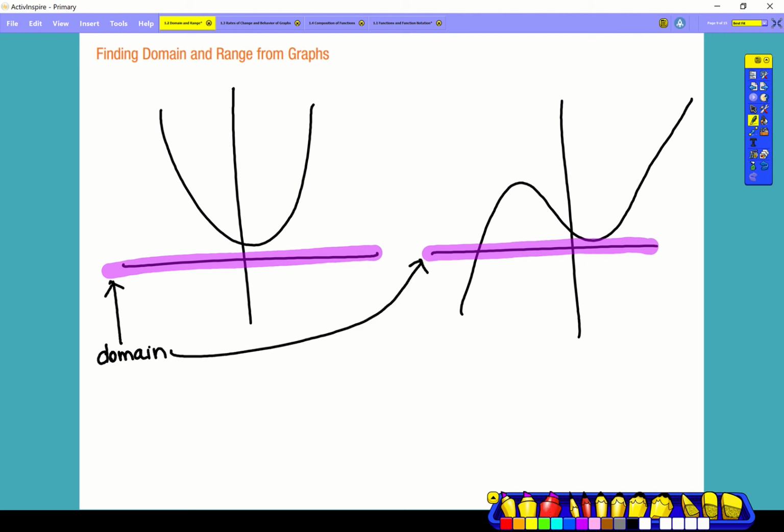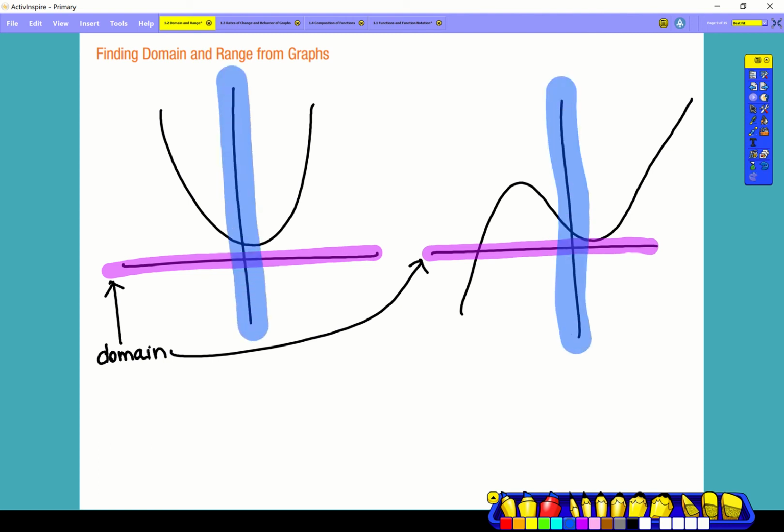Now your range are these guys, and they will be your range. So those are your outputs. So the domain is all of the numbers that you can cover and the range is all of the numbers you can cover along that range. I know, such a weird way of explaining it, right? Going in circles here.